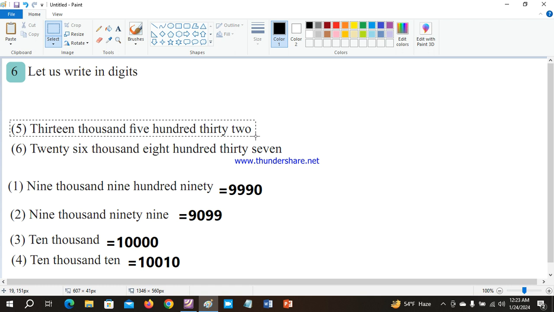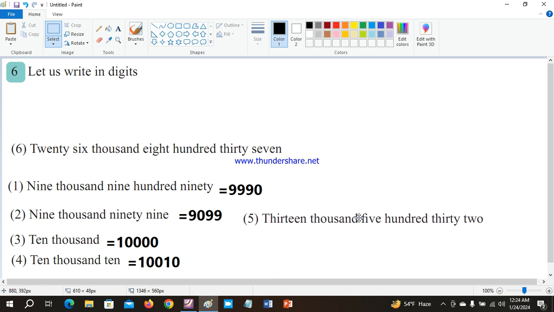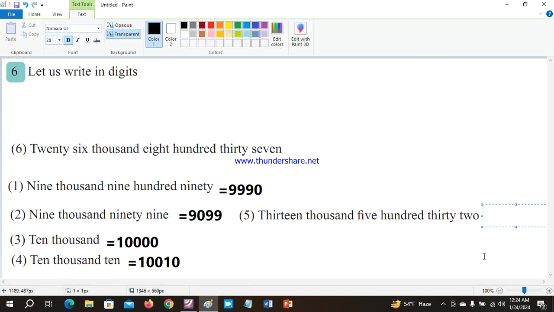Number 5. Here look very carefully and read it very carefully. 13,532. Here 13,000 means 13 thousands.